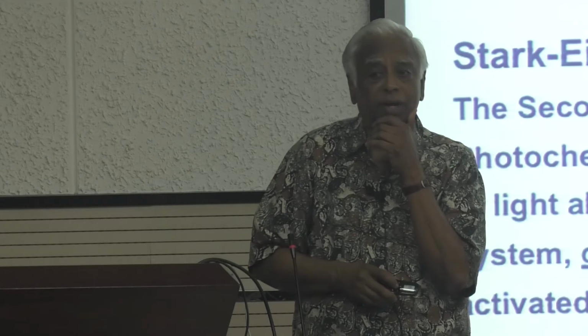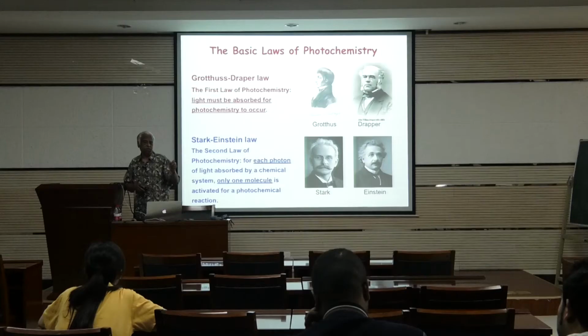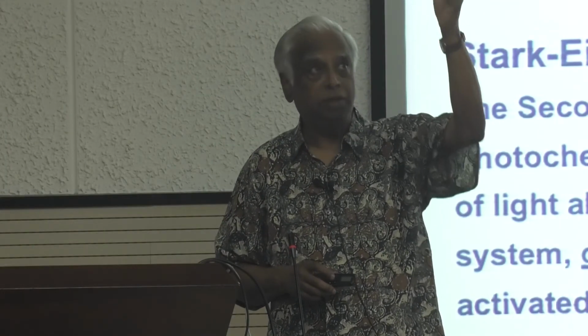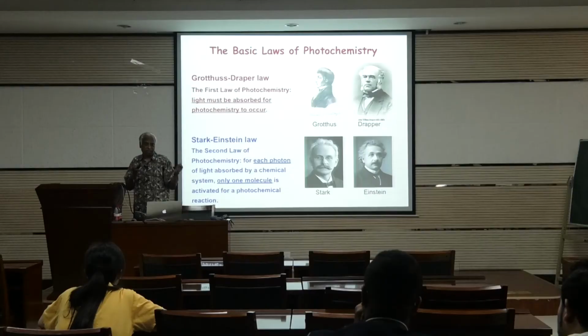Because even today, people think that just by increasing the intensity of the lamp, making it brighter and brighter, you are going to get a lot of reactions. No. If you make it brighter, it doesn't mean the number of photons is increasing. The intensity is increasing, but the number remains the same. Okay.